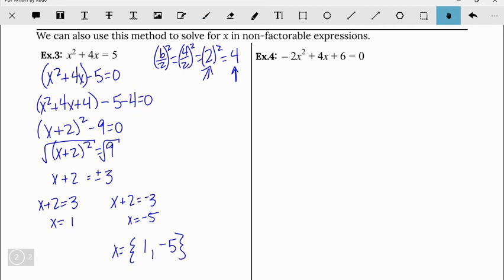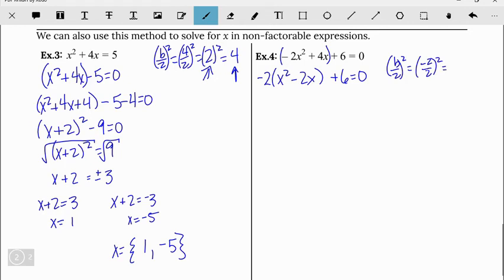So in example 4, we do have a leading a term. So we need to go ahead and factor that out of both our first two terms in the expression. So factor out our -2, again, just the -2, so we're not factoring any x's out. And we always leave that third term on its own. So now we need to go through and find our (b over 2) squared. Now that we factored out that -2, our b value is a -2.